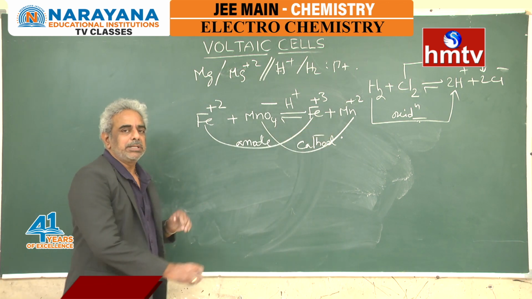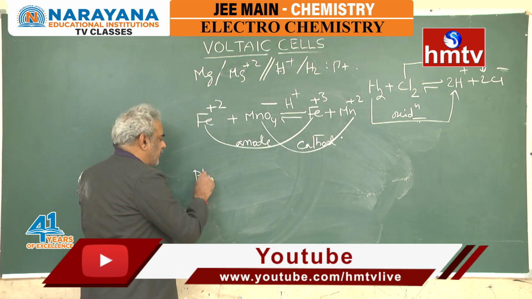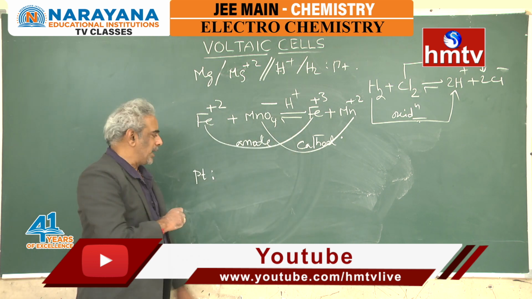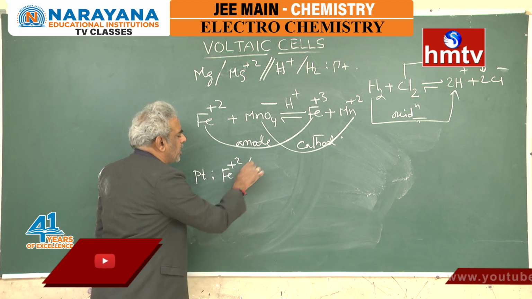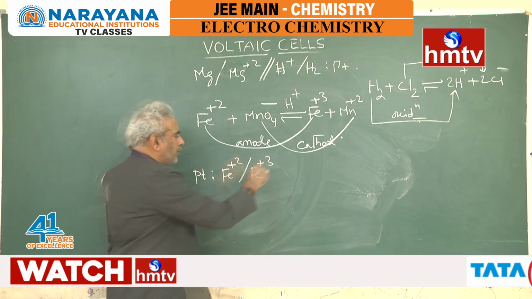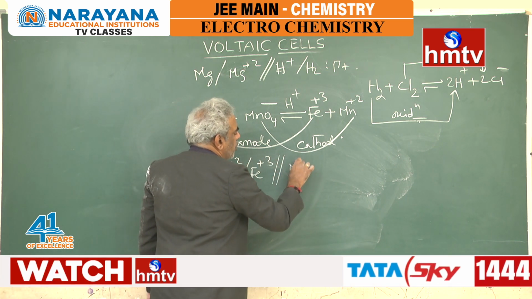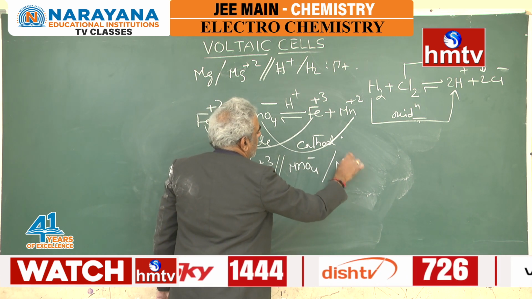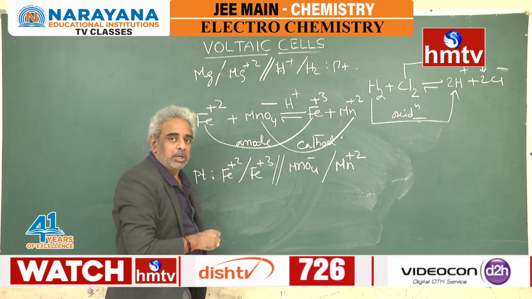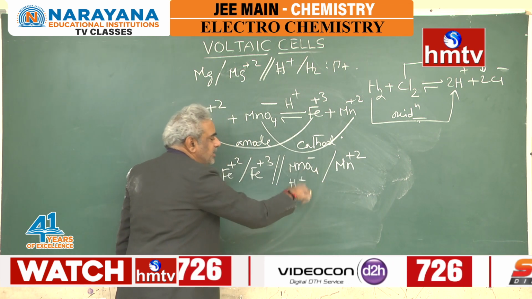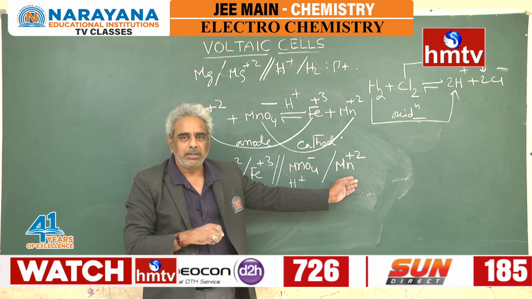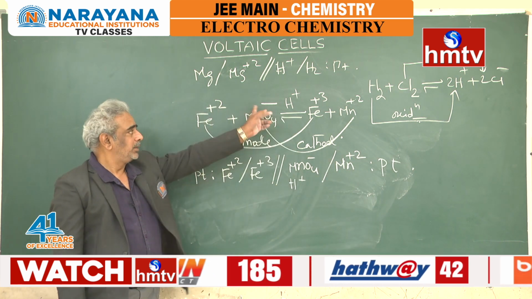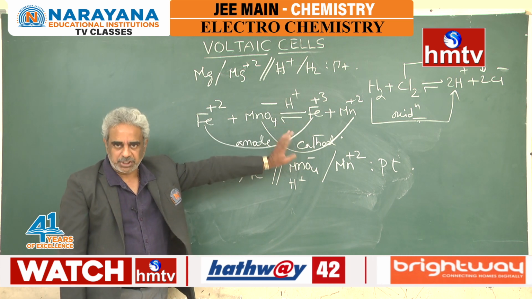So, how to show it in the cell notation form? Take platinum. Why should I take platinum? Because both are ions. So, platinum, ferrous getting oxidized to ferric, double slash, MnO4 minus getting reduced to Mn2+, and this is happening in acidic medium. So, all are ions only. So, again what should I keep? This is the cell notation of this particular redox reaction.